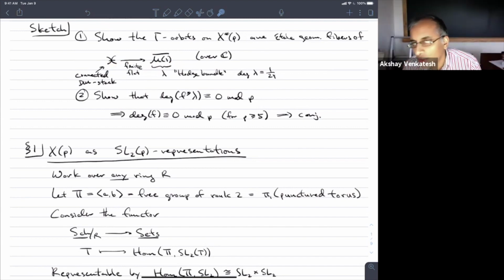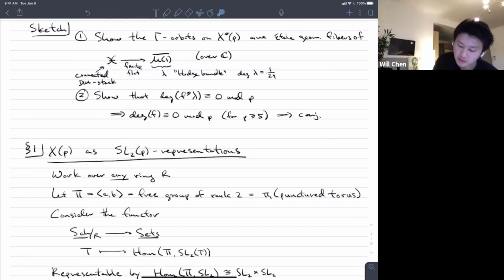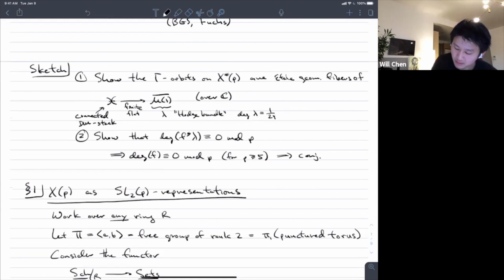And so you can concoct a bijection between the gamma orbits and these fibers. For every gamma orbit, there is such a map, such that that gamma orbit is the geometric fiber of this map above a point where the map is étale.